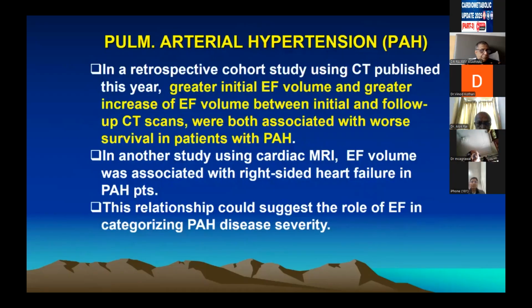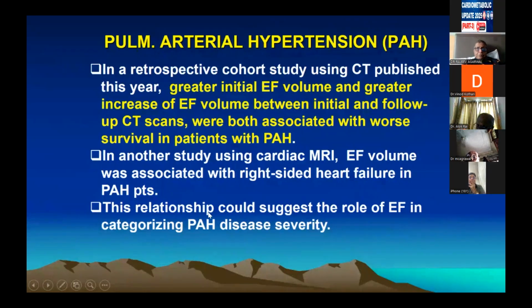Pulmonary hypertension. In a retrospective study, greater initial epicardial fat volume and greater increase of epicardial fat volume between initial and follow-up CT scans were both associated with worse survival in patients with pulmonary arterial hypertension. In another study using cardiac MRI, epicardial fat volume was associated with right-sided heart failure in pulmonary hypertension patients.